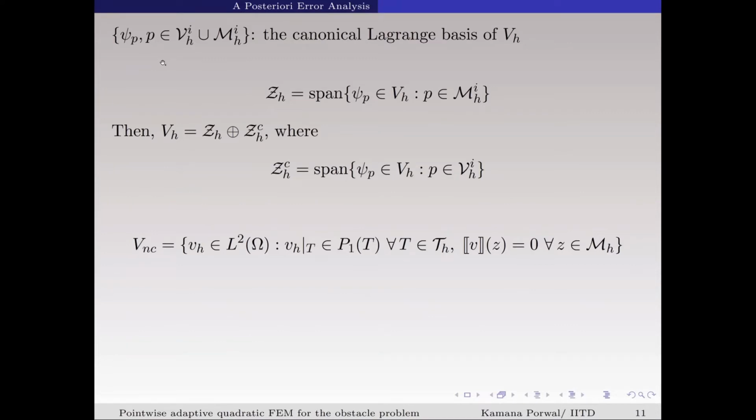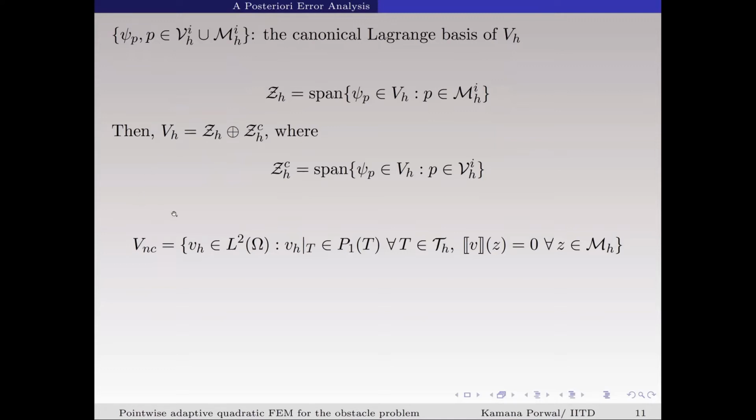And then we use the basis functions associated to the midpoints of the edges to define this space ZH. With the help of this ZH, we can write the discrete space VH as the direct sum of ZH and ZHC, where ZHC is defined in this way. Here ZHC is basically the orthogonal complement of ZH in VH with respect to a certain inner product.